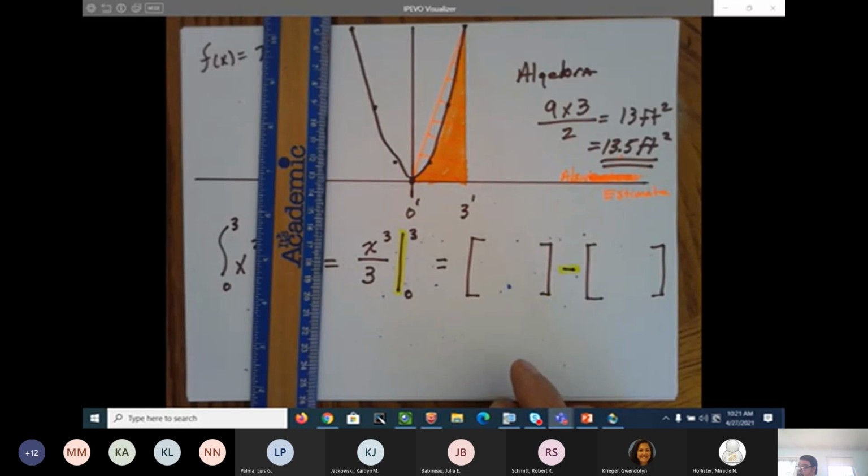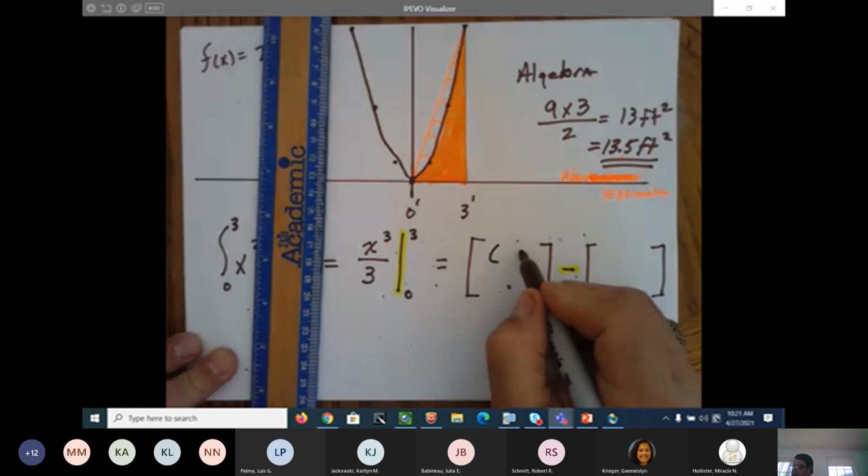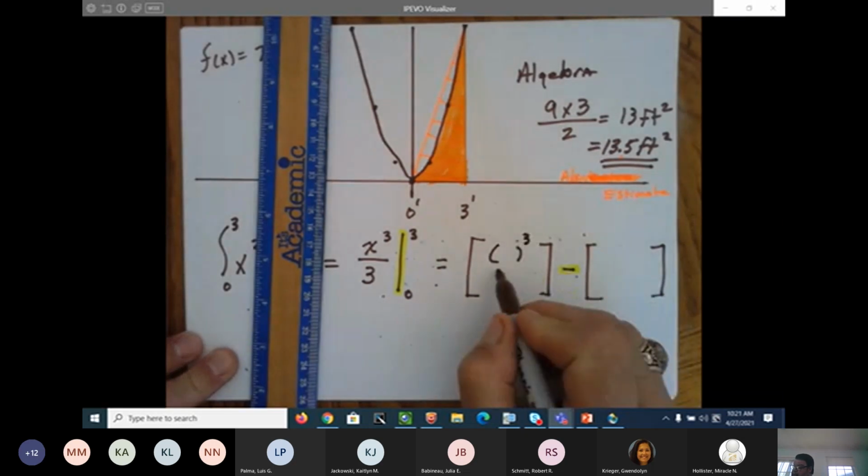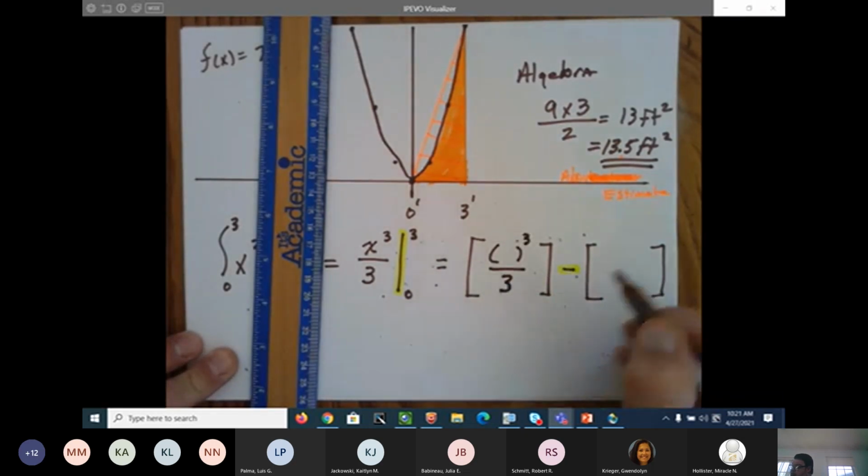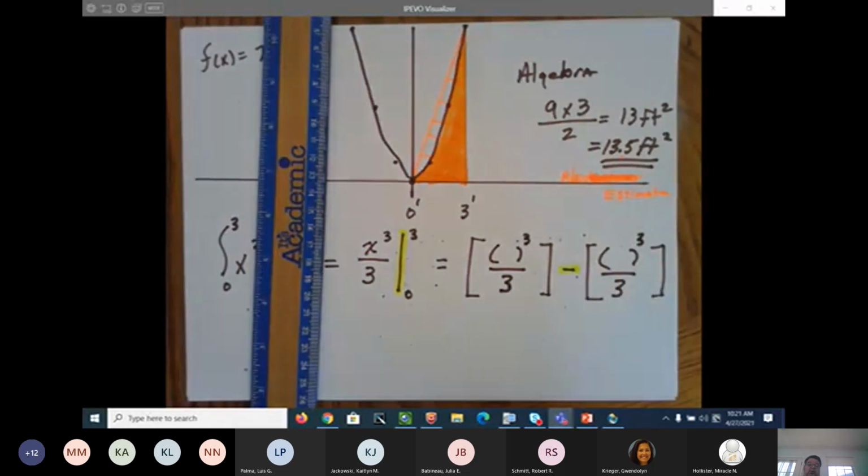All right, so here we go. Parentheses to the third power divided by 3, parentheses to the third power divided by 3. Do y'all remember me telling y'all that I still use parentheses today?